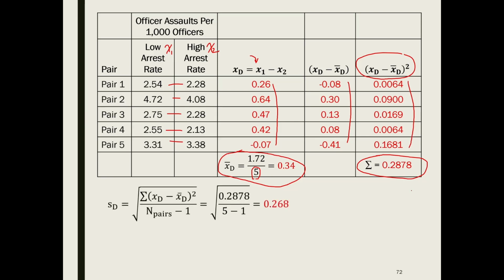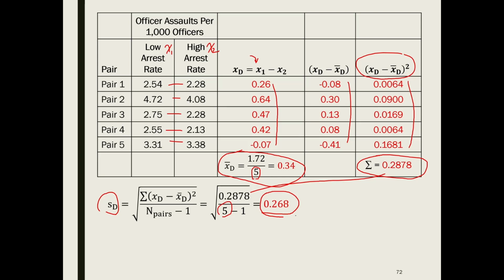Then take a look at the formula here, where you have to estimate the standard deviation of the differences. What you get here is 0.268. You already have all the numbers, right? This number is right here, and the pairs is 5 minus 1.